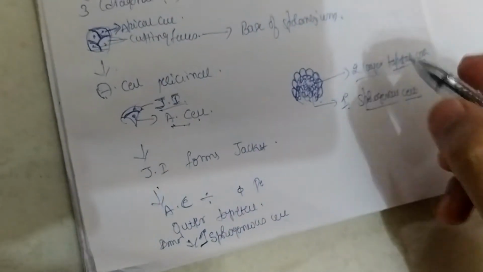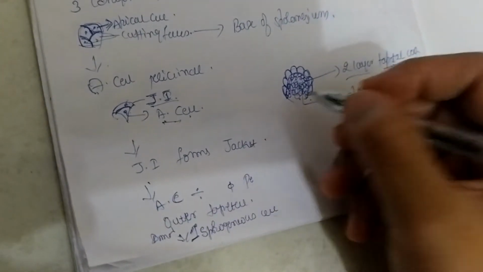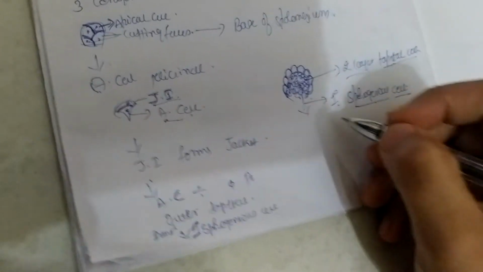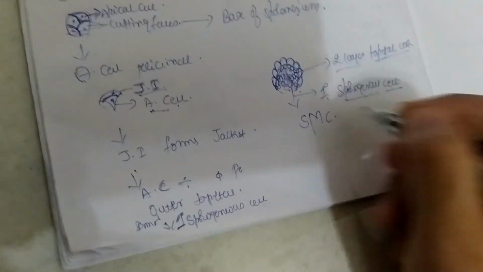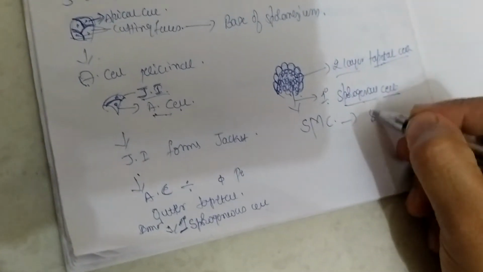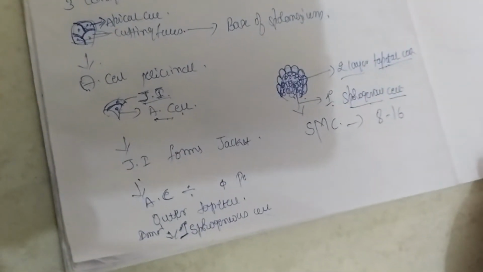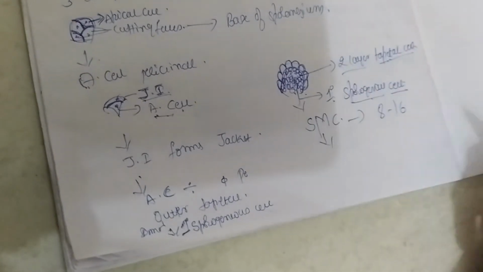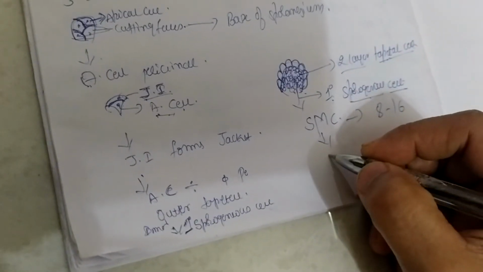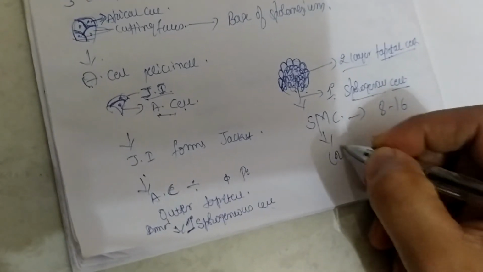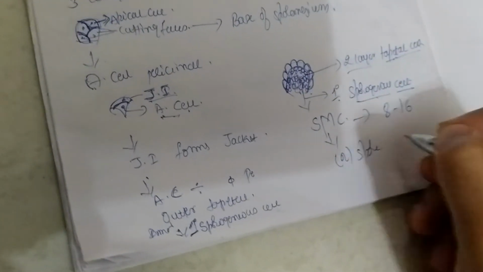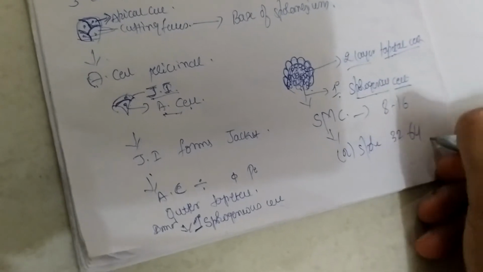Now these primary sporogenous cells will divide and redivide to form spore mother cells. About 8 to 16 spore mother cells are formed. These spore mother cells are going to undergo reductional or meiotic division, leading to formation of haploid spores, which are usually 32 to 64 in number.